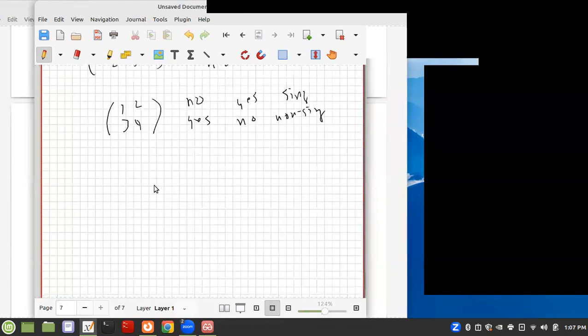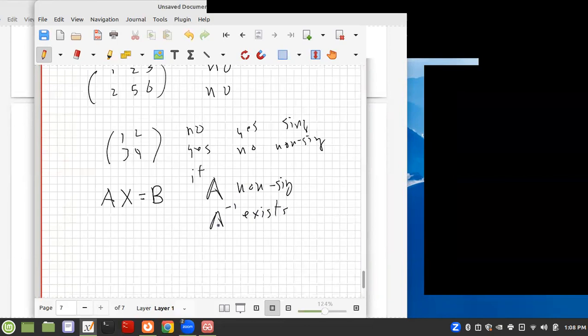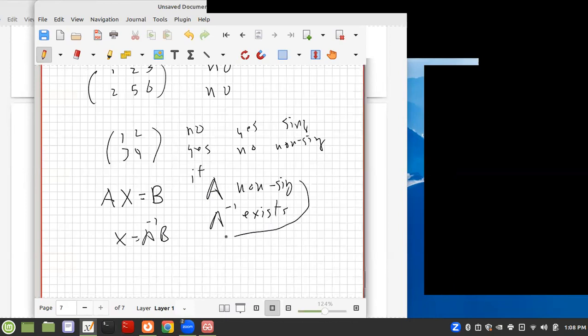If I have a linear system, A times X equals B, and A is non-singular, then A inverse exists, therefore X equals A inverse B. So if A is non-singular, there's always one solution.